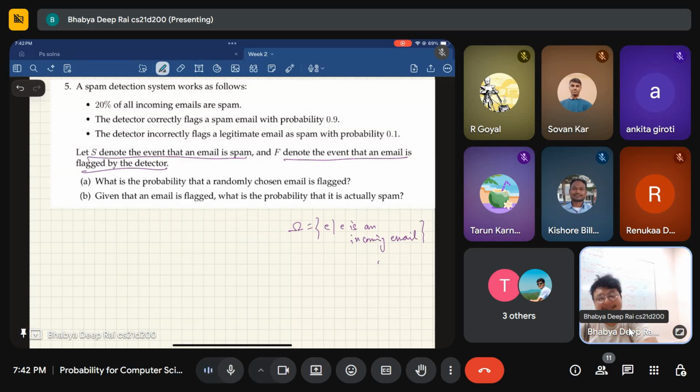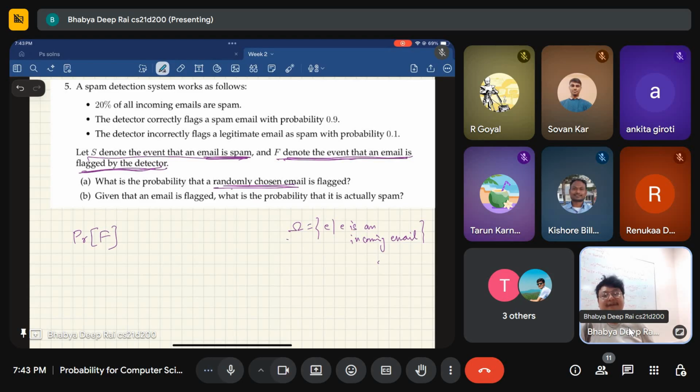Now it's about whether email E is spam or not spam. S is the event that email E is spam. F is the event that it is flagged by the detector as spam. The question is, what is the probability that a randomly chosen email is flagged? Since F is the event that an email is flagged by the detector, and the email is chosen from the sample space of all emails, what is the probability of choosing an email and getting it flagged?